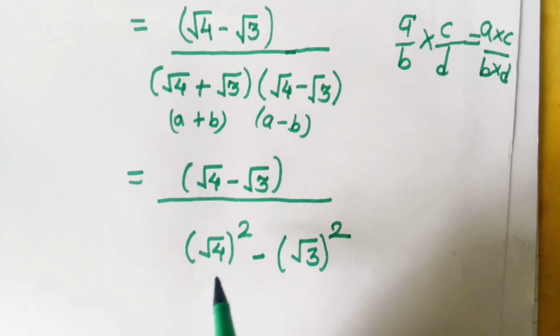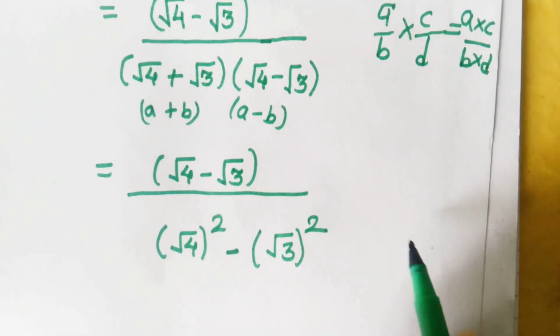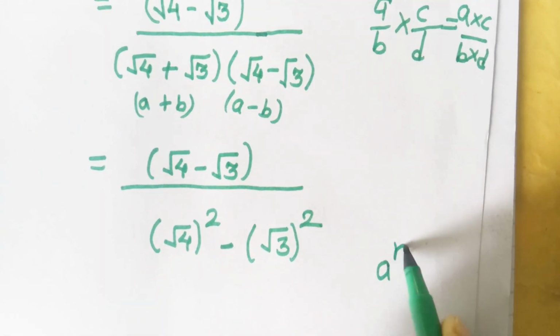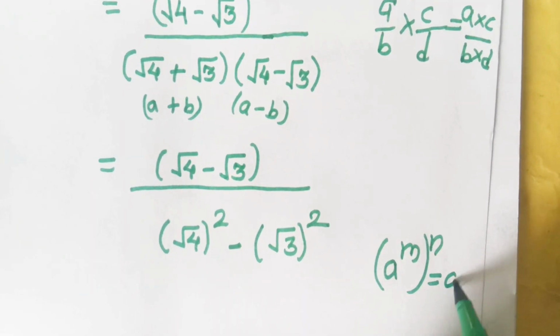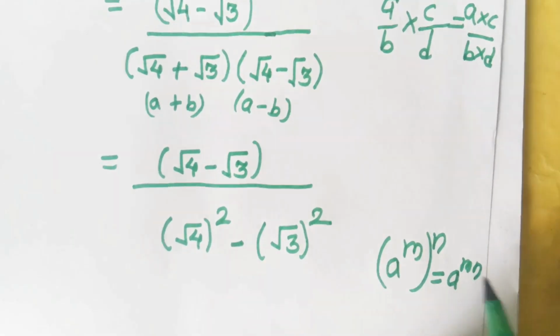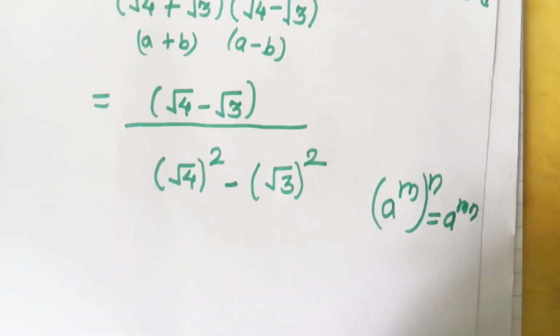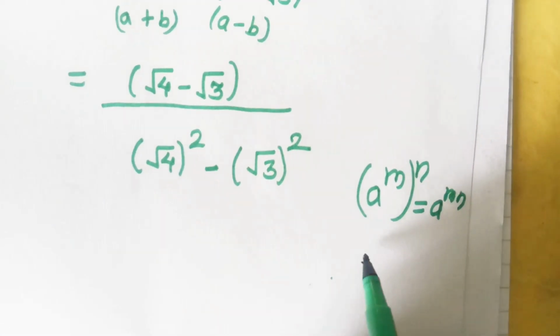Now we have to square this term, and we know that a raised to the power m, raised to the power n is a raised to the power m into n.